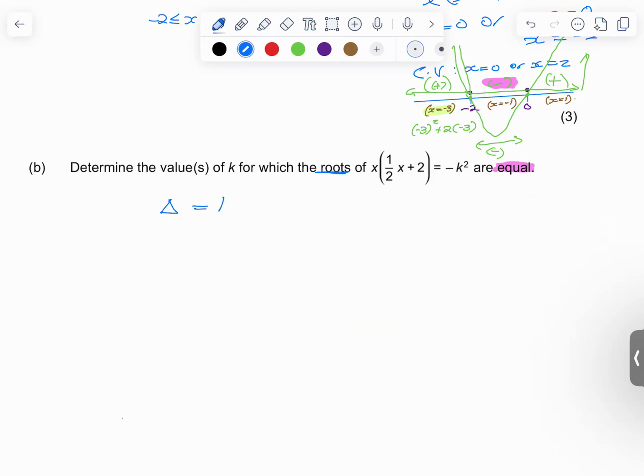And the formula for calculating delta is b squared minus 4ac. But you need to know the rules of delta.